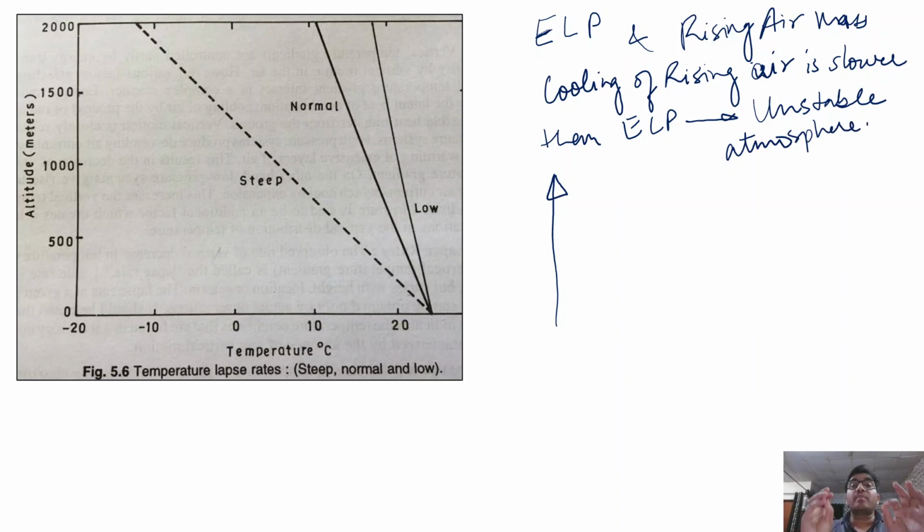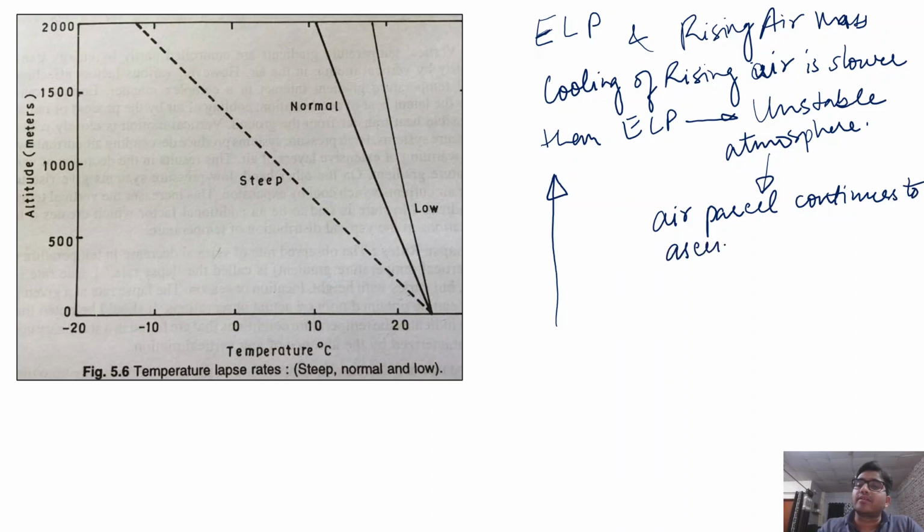So what will happen over here? Once the environmental lapse rate is different from the rising air and the rising air is cooling slowly, it means that the air will remain warmer. Once the air remains warm, it will allow the rising air to go more and more up. So in this case, the cooling of the rising air is slower than the environmental lapse rate. So in an unstable atmosphere, the air parcel continues to rise, or continues to ascend.